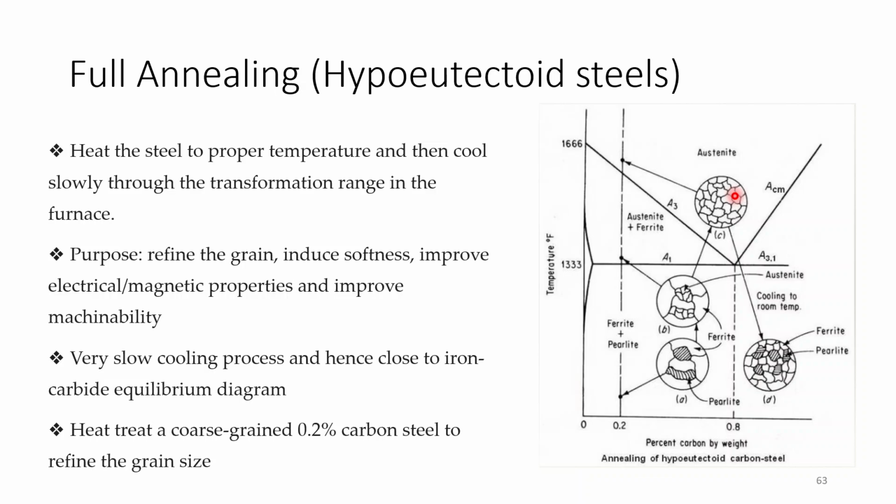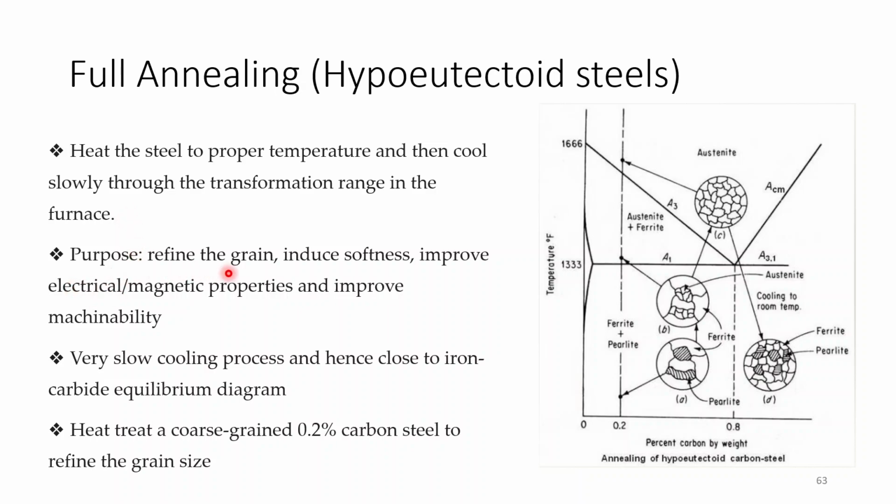After that desired time or temperature hold, you cool it with furnace cooling. So here, heat the steel to the proper temperature and then cool slowly through the transformation range in the furnace.